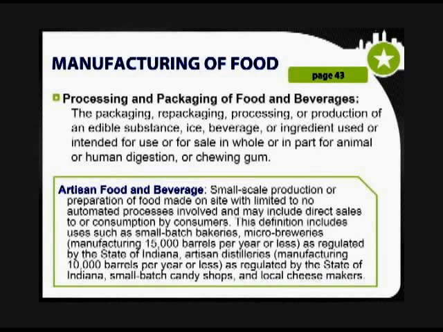And then we actually included for the microbrews and distilleries a reference to the limits imposed by the state licensure. So those are the big distinctive areas of manufacturing that you'll find in the industrial.